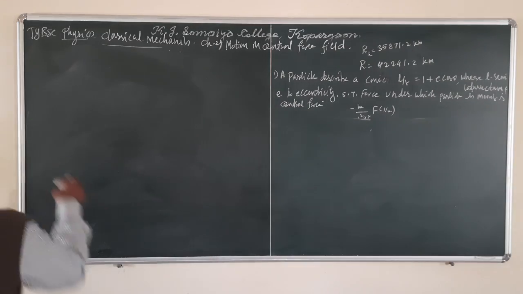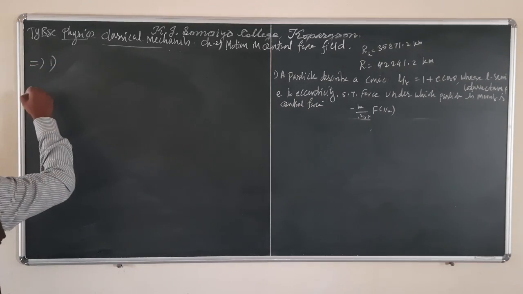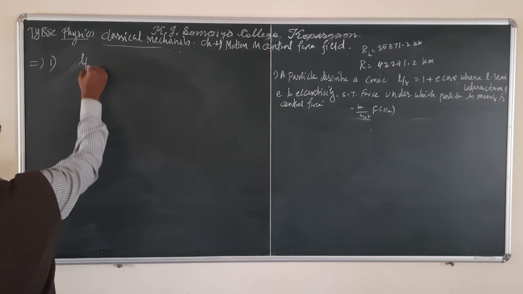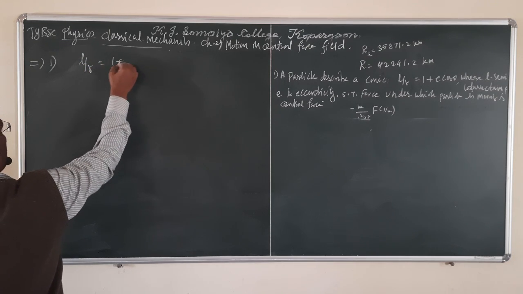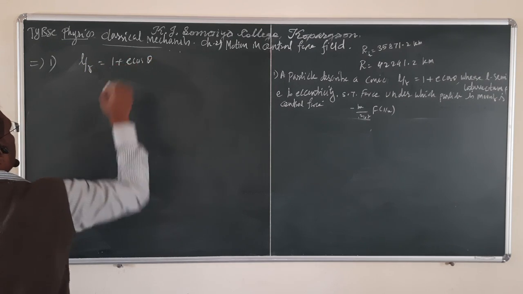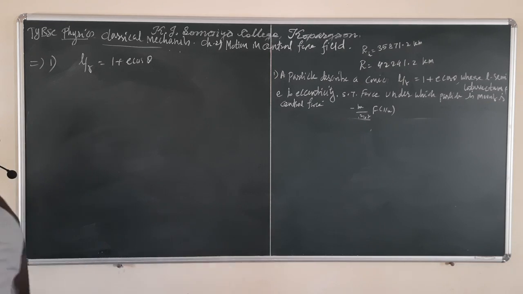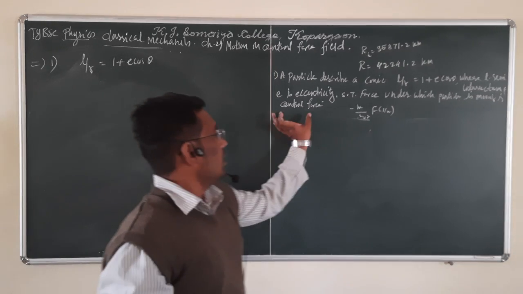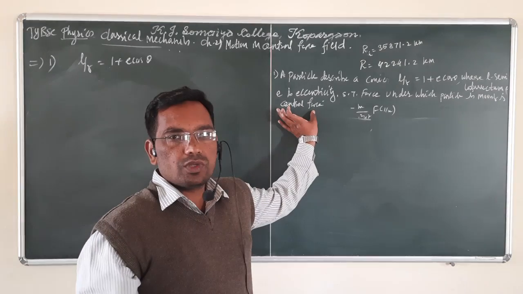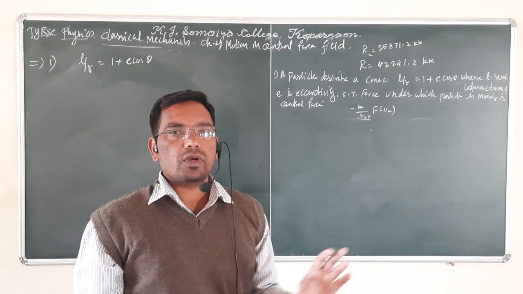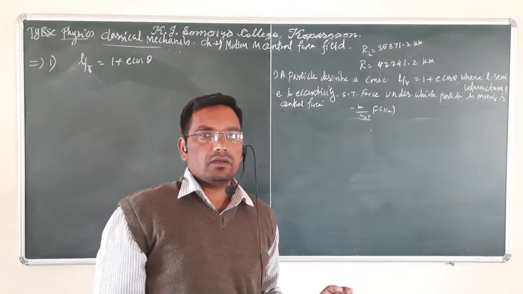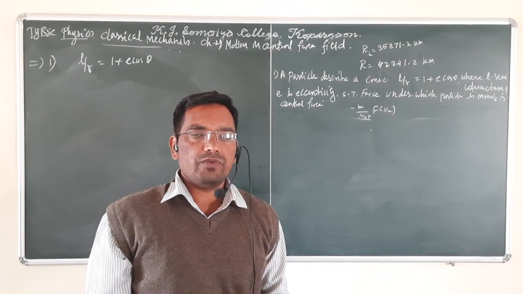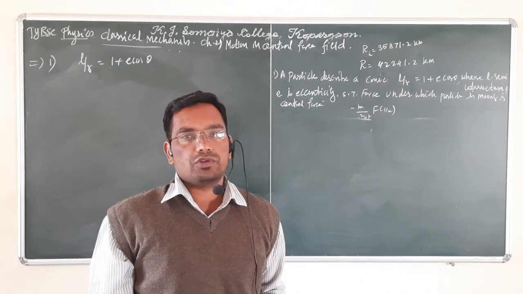So in the solution of problem number 1, what is given is l upon r is equal to 1 plus e cos theta. Now to get the law of force, because if we want to show that the force is a central force, then we must know what the law of force is. So to get the law of force, we must solve the differential equation of motion.